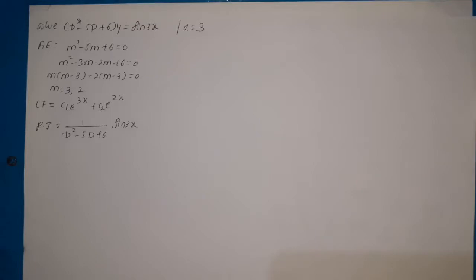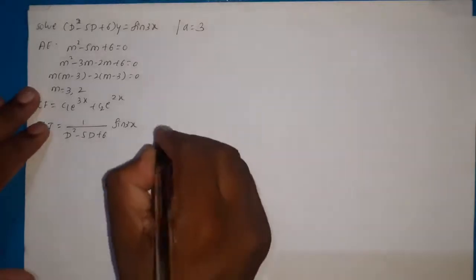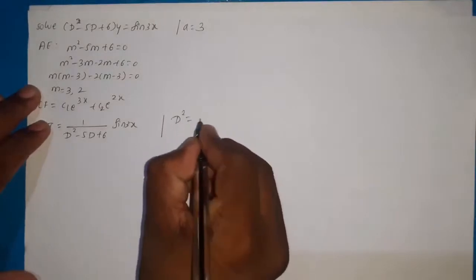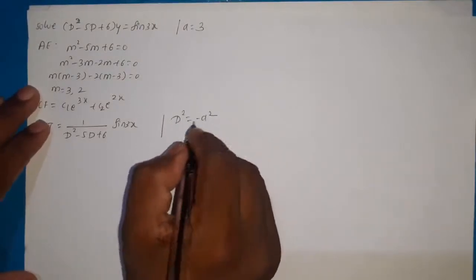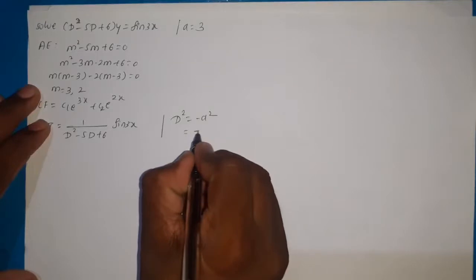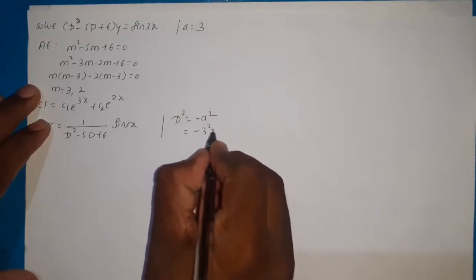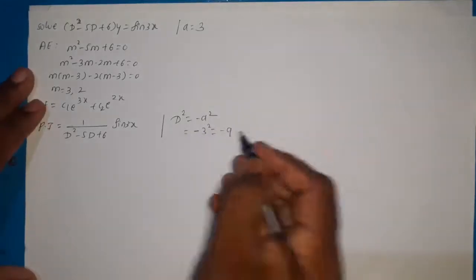Then the particular integral is equal to 1 divided by (D^2 - 5D + 6) sin 3x. So here we know that D^2 equals -a^2, with a = 3, that is -9.